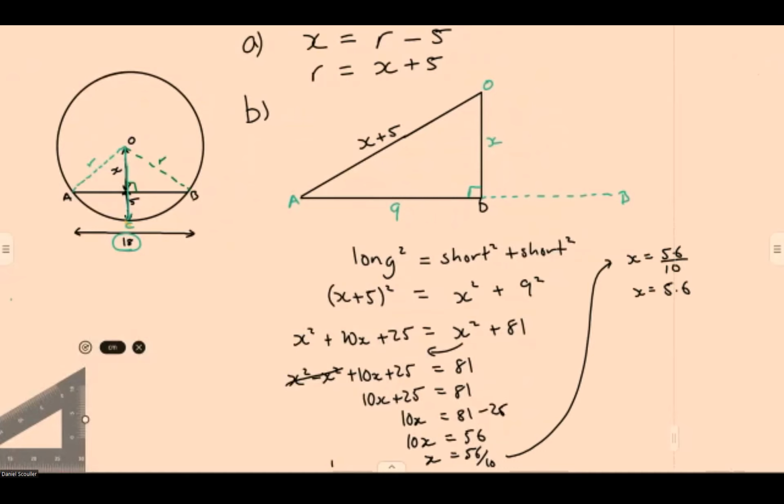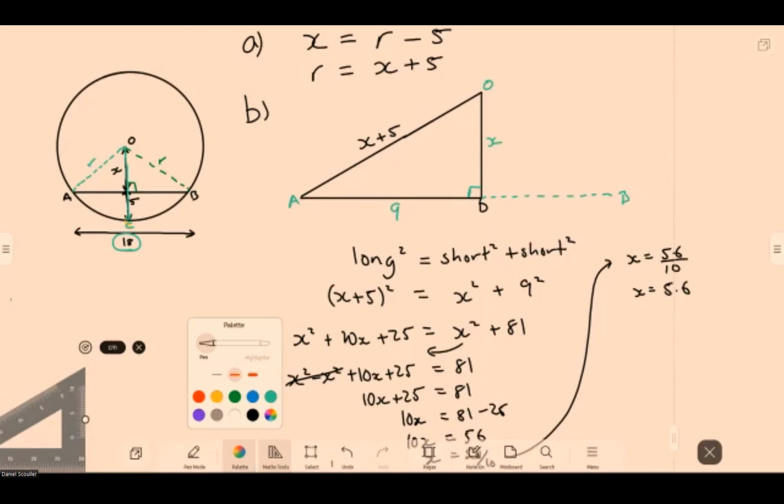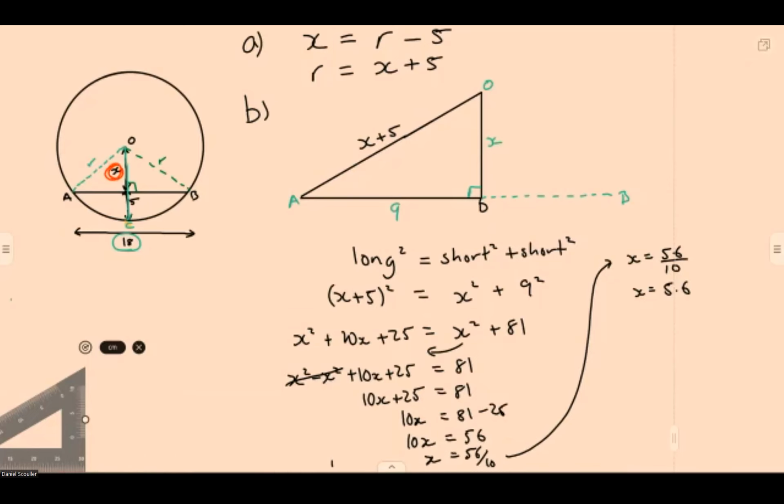So we've got a number for this letter here in our original diagram. We're trying to find the radius, so we're trying to find that full distance from O all the way to the outside edge.